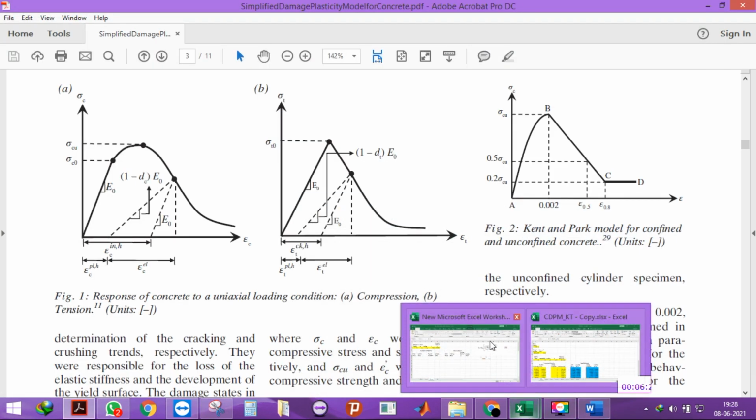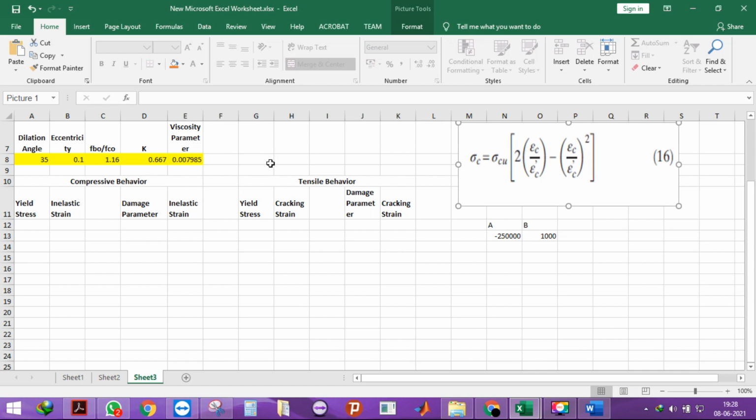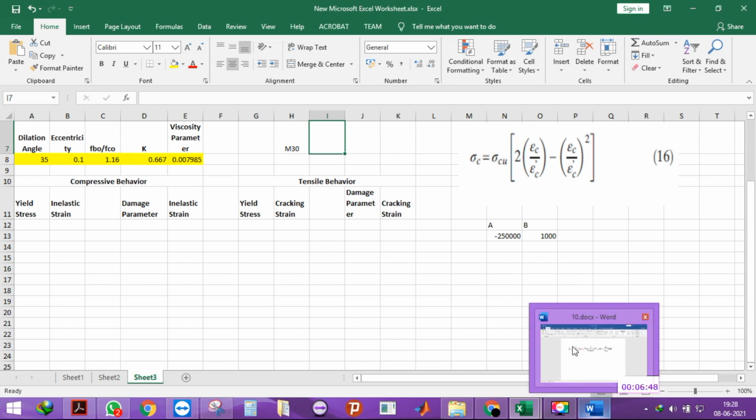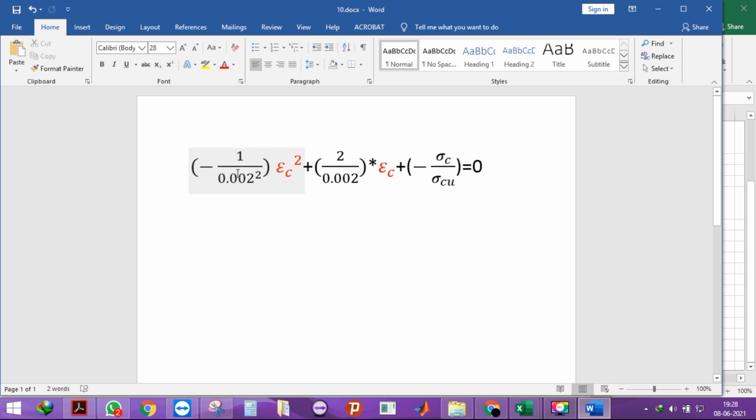This is the quadratic equation that I have simplified. So sigma c equal to sigma cu. This complete equation has been simplified, and we'll be taking M30 grade concrete here. So the ultimate strength of the concrete will be 30 Newton per mm square, and the yield stress is 0.5 times cu.